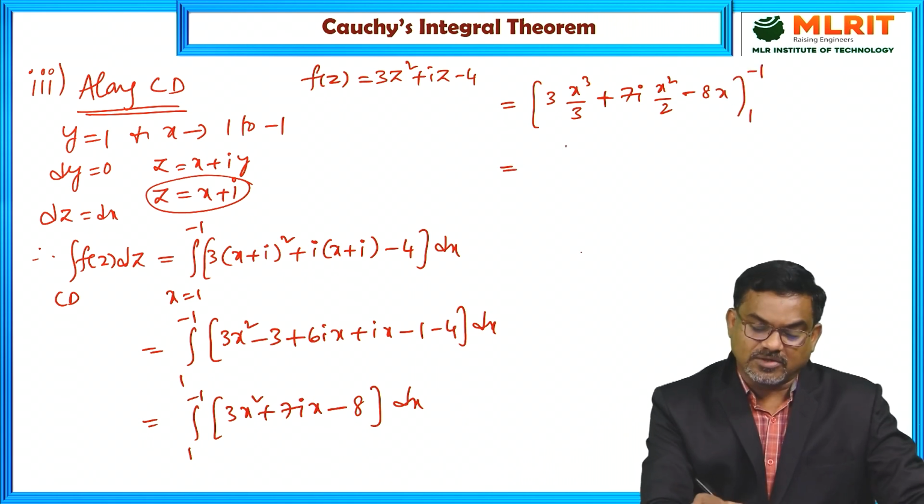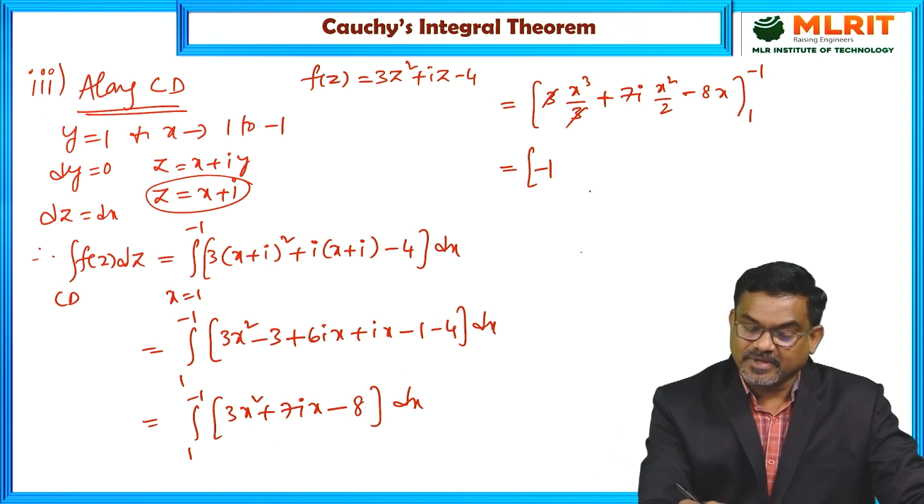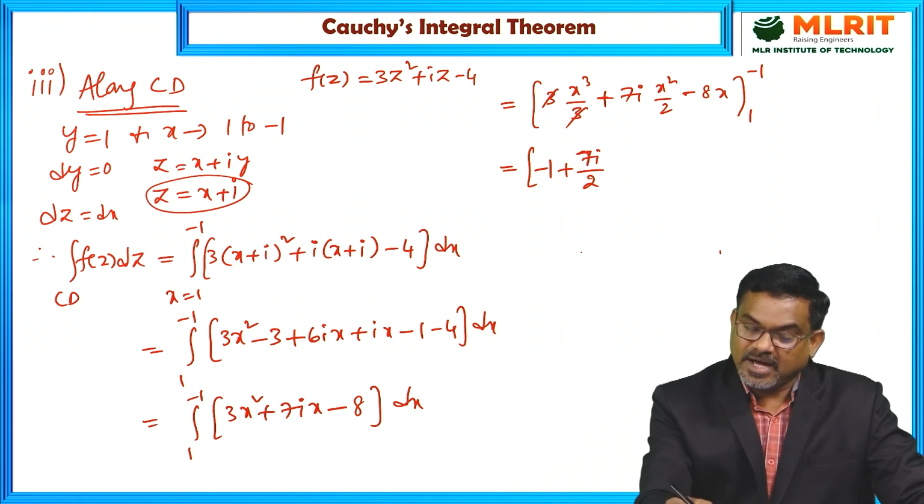That is equal to the upper limit minus 1: minus 1 whole cube is minus 1, plus 7i by 2 plus 8.